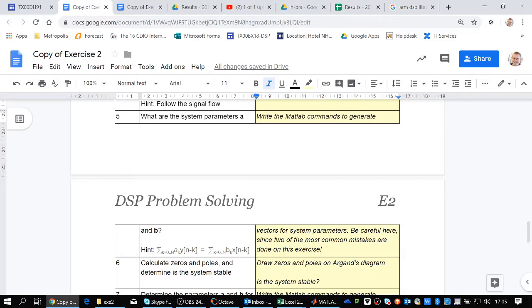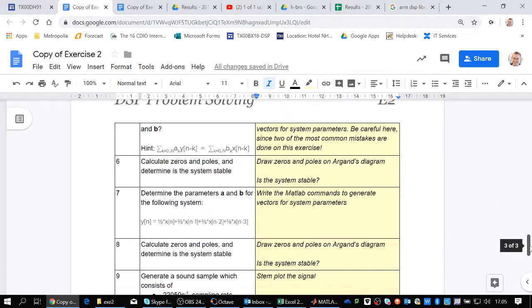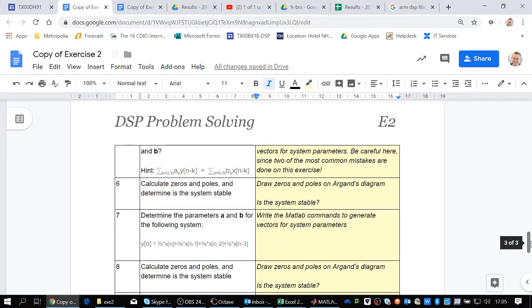You need to figure out that one. Okay. When you have those coefficients, then you need to calculate the zeros and poles and determine if the system is stable.